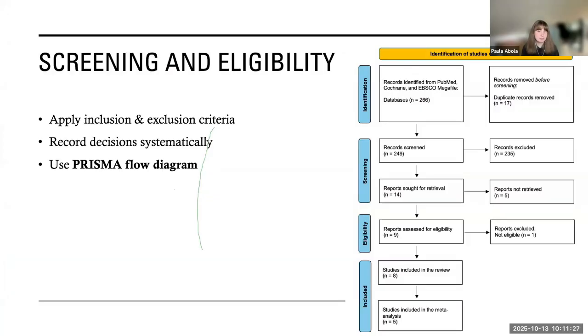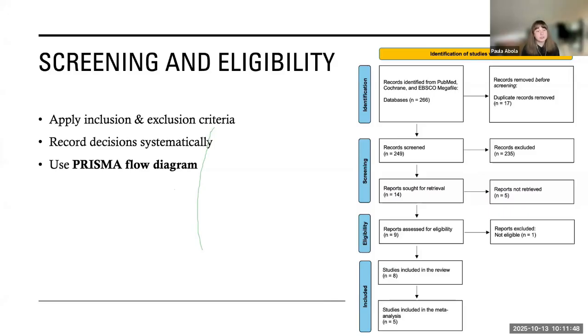Once the search is complete, we move into screening. This is where inclusion and exclusion criteria are applied. For example, if we are only including randomized controlled trials in adults, we exclude observational studies or pediatric trials. If we want English language publications only, then we document that as well.